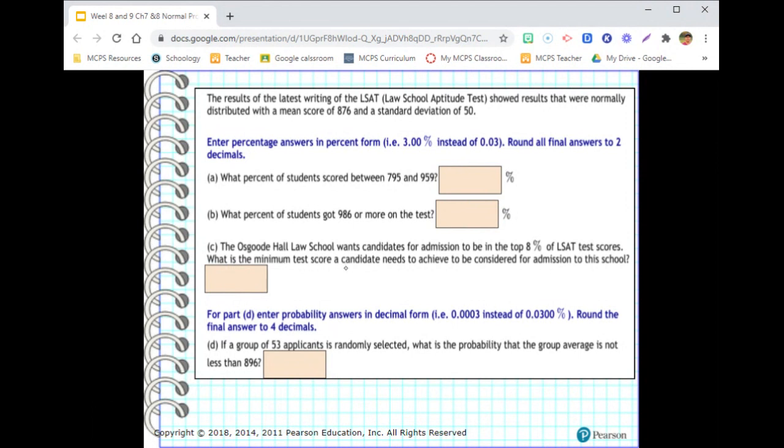What is the minimum test score needed to be considered for admission? So you look for top 8%. This is similar to what we just did in the supermarket earlier. Let me just write the information earlier.